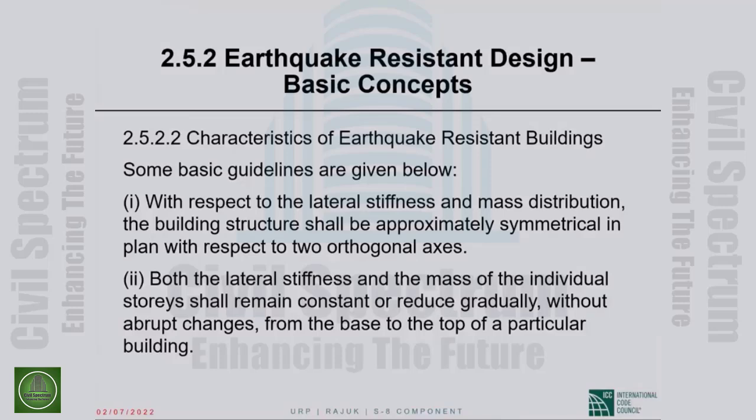Both the lateral stiffness and the mass of the individual stories shall remain constant or reduce gradually without abrupt changes from the base to the top of a particular building. Okay? So the lateral stiffness and the mass of the individual stories shall remain constant or reduce gradually without abrupt changes from the base to the top.